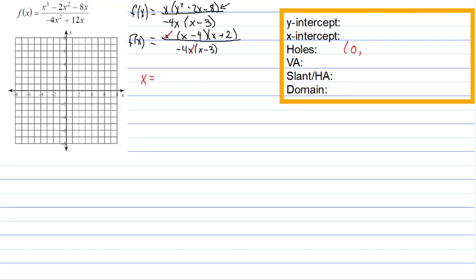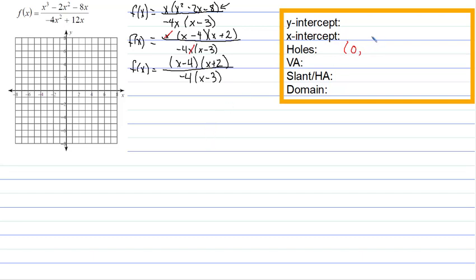So let me rewrite that with everything canceled out that can cancel. So f of x equals x minus 4 times x plus 2 over negative 4 times x minus 3.